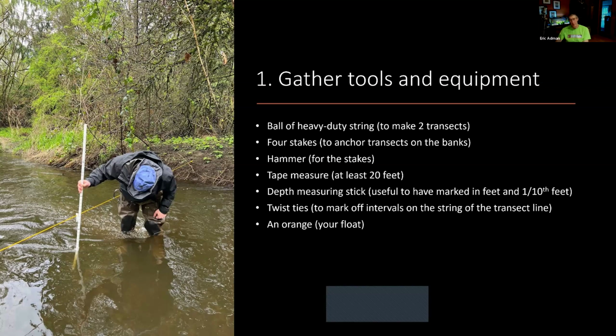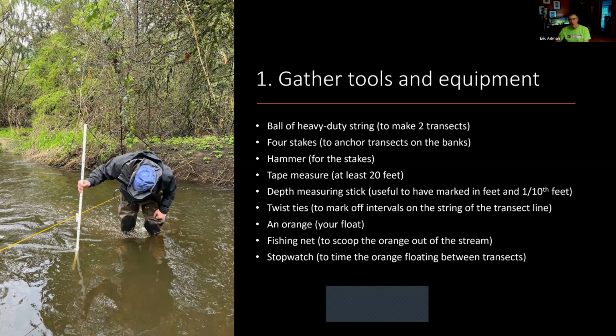It floats just a little bit below the surface, so it kind of flows with the general water flow. Something to catch your orange, and something to time the time it takes for the orange to float between the two transects. And finally, something to do your calculations and record your results.